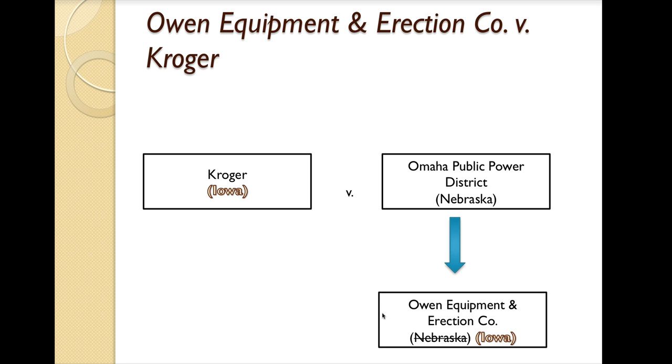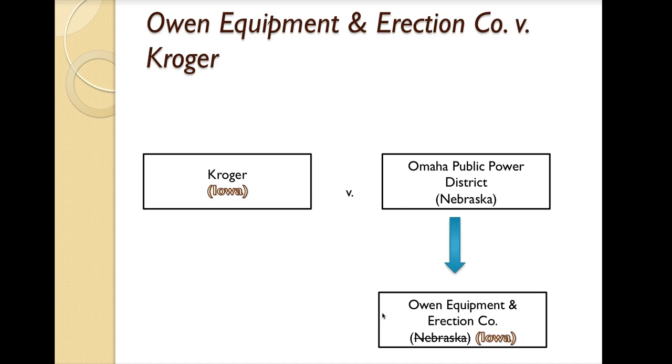And you could just, as a brief review of Rule 14, joinder of a third-party defendant, the court in footnote 3, go take a look at that, explains that that joinder was proper under the joinder rules because Owen Equipment was alleged to be a joint tortfeasor with OPPD, and that OPPD was seeking to recover on a contribution theory against Owen Equipment.